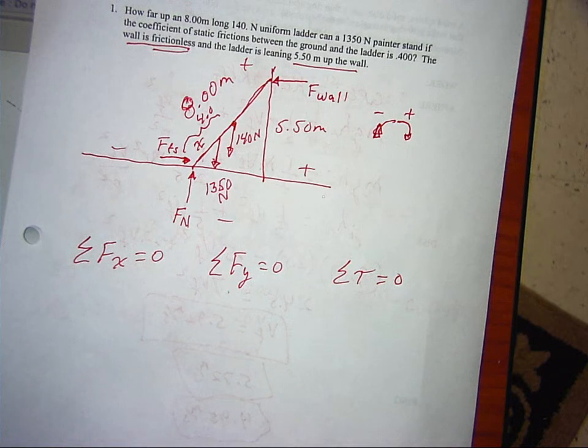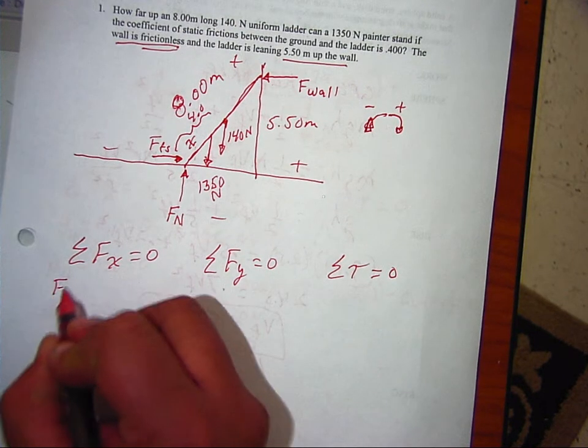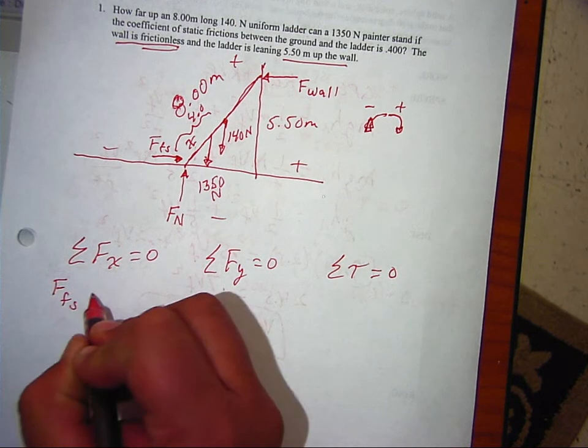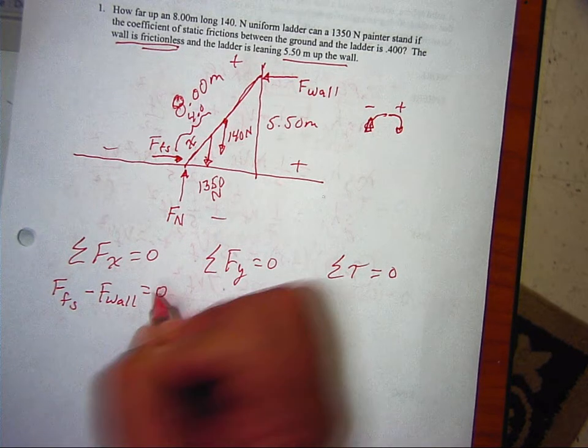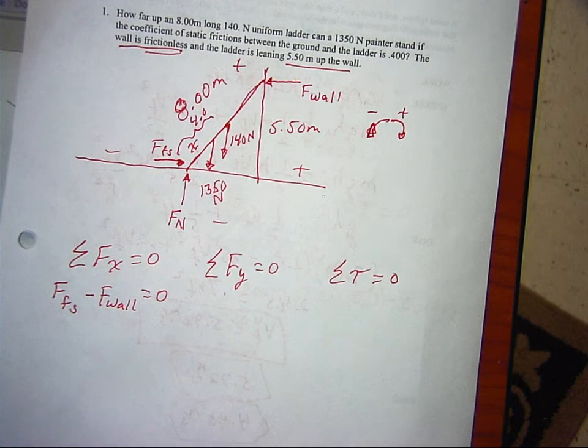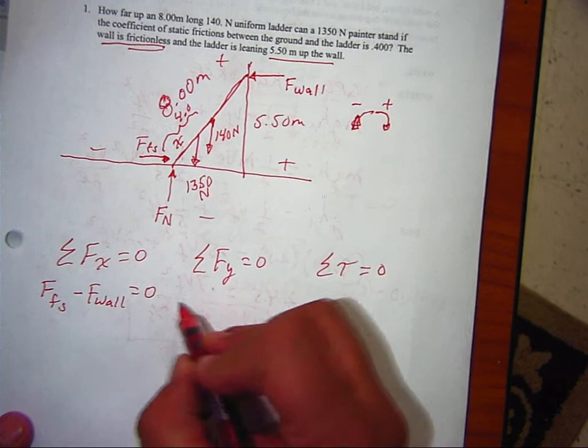All right, so let's look at the horizontals. So, Aaron, in the x direction, which forces are pointed to the right? And then to the left? Good. And then the up and downs, Todd? FN is up.